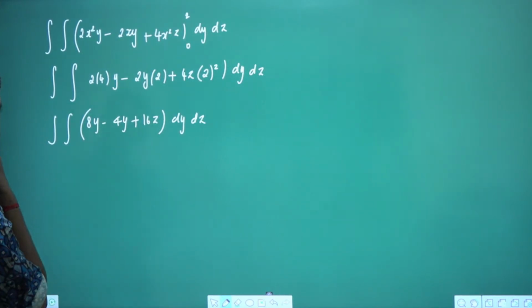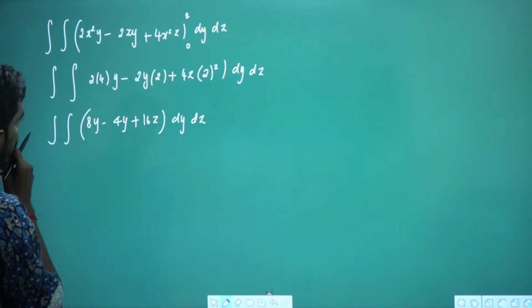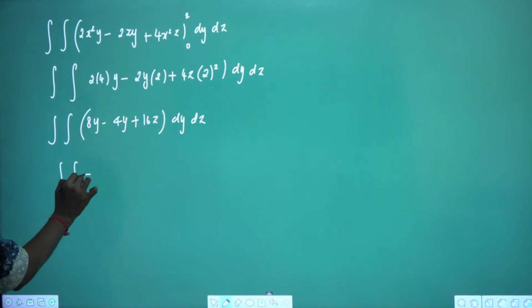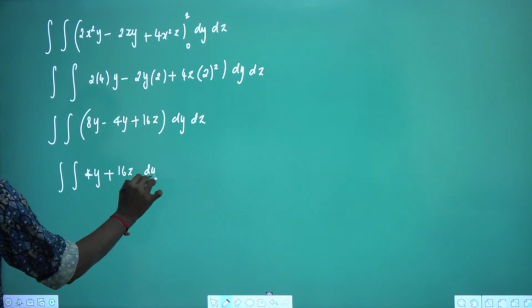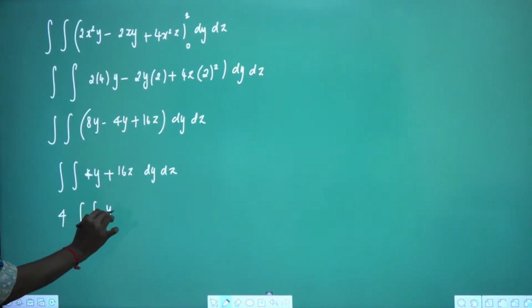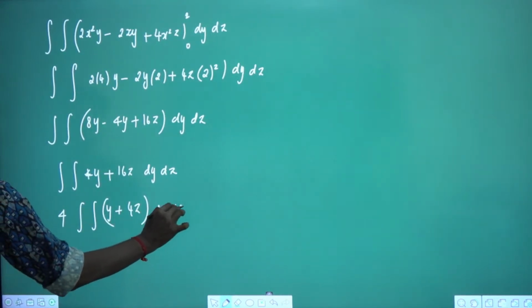I'm just putting upper limit to be 2. So 2 square here will be 2. 2 square is 4, 16. Yes. It will be integration of 4y plus 16z dy dz. Let me take 4 outside. It will be y plus 4z dy dz.